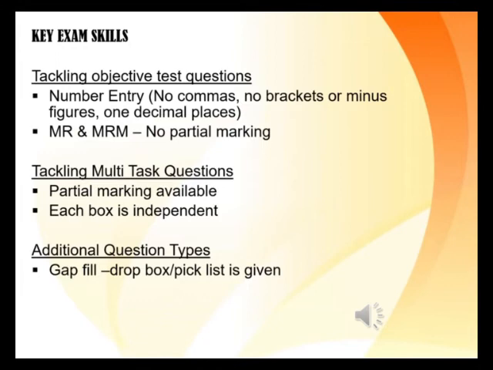For section A, there is no partial marking. That means if a question asks you for 2 answers and you give only 1 answer, it will not give you partial marks. You will lose it totally to 0. So in order to get the full mark of 2, you need to answer both correctly.